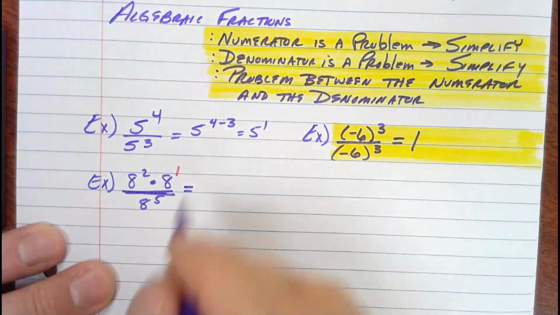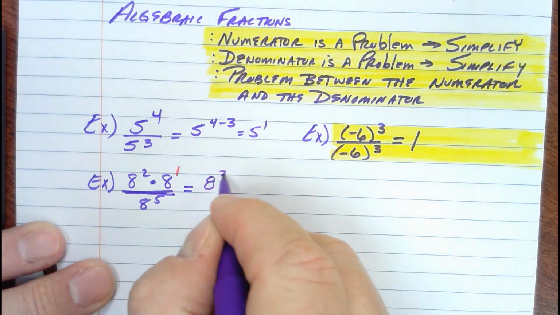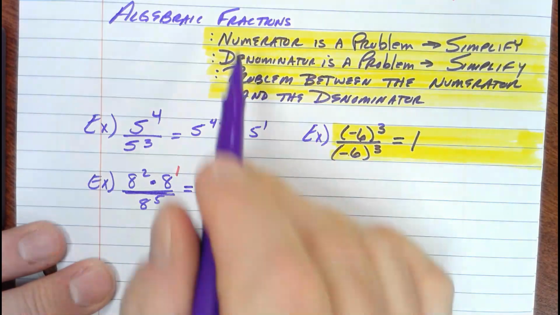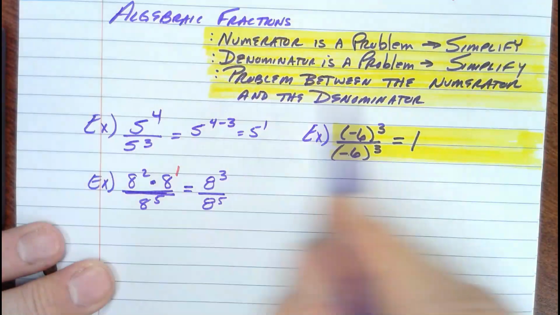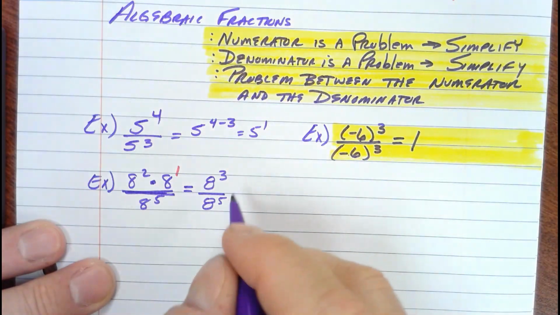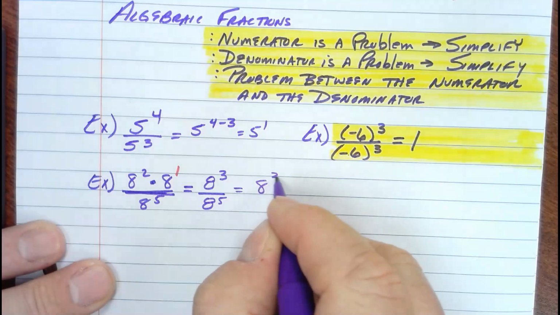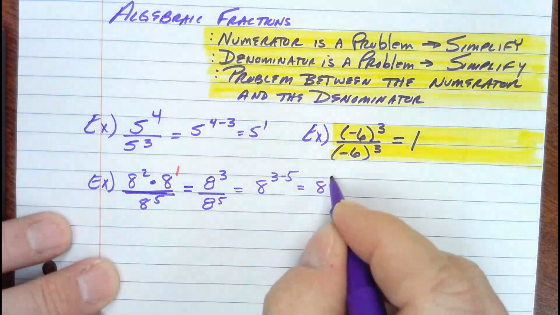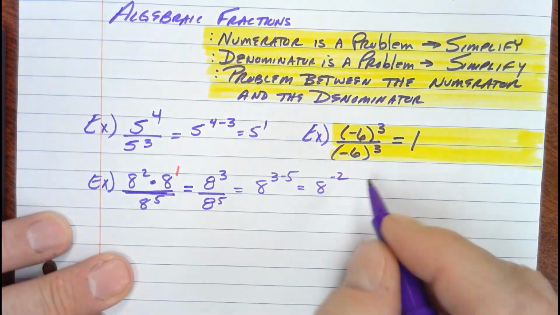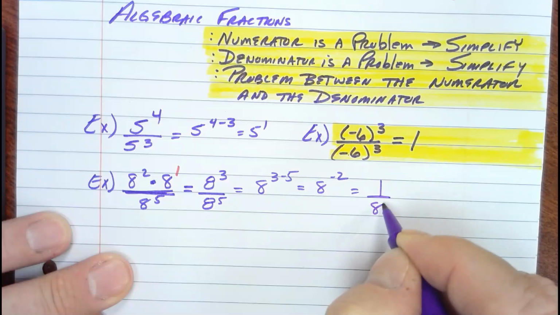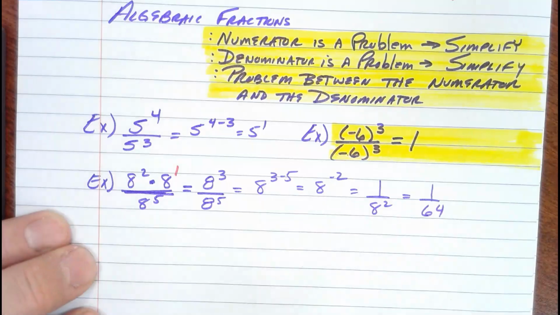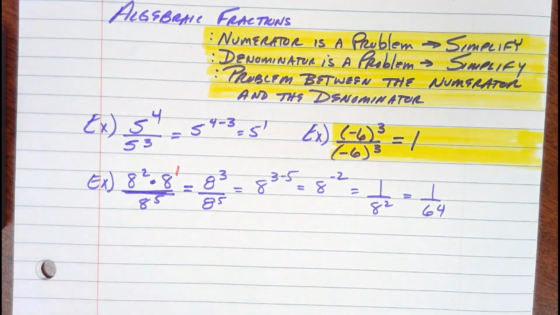So I do have to simplify it first. The denominator, yeah, that's simplified. So the numerator is a problem, the denominator is a problem, and now the problem between them. This gives me 8 to the 3 minus 5, which gives me 8 to the negative 2, which is 1 over 8 squared, which is 1 over 64. Now that's a lot of steps.